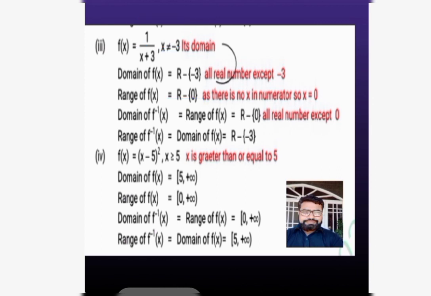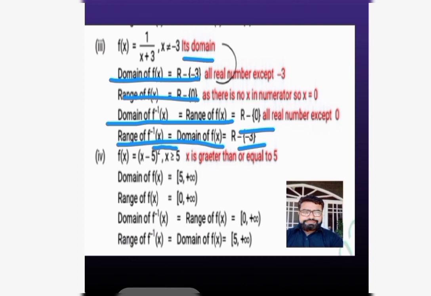Now we have found the domain and range of f of x, but we have to find the domain and range of f inverse of x. As I told you, the domain of f inverse of x is equal to the range of f of x, and the range of f of x was R minus 0. The range of f inverse of x is the domain of f of x, and the domain of f of x was R minus minus 3.